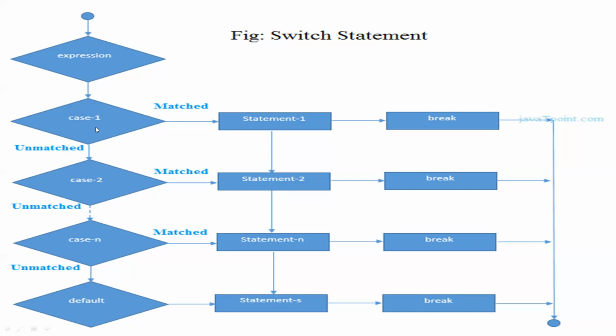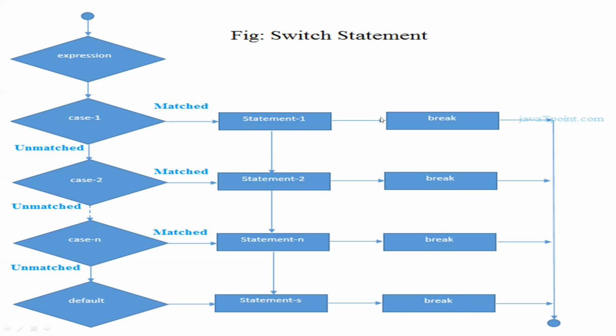If case 1 is matched, we will execute the statements and go out of the loop. We will never check case 2, case n, or default. If case 1 fails and case 2 is matched, then the statements for case 2 are executed and we go out. We will never check case 3 and so on, case n and default. So this is how the switch statement works.